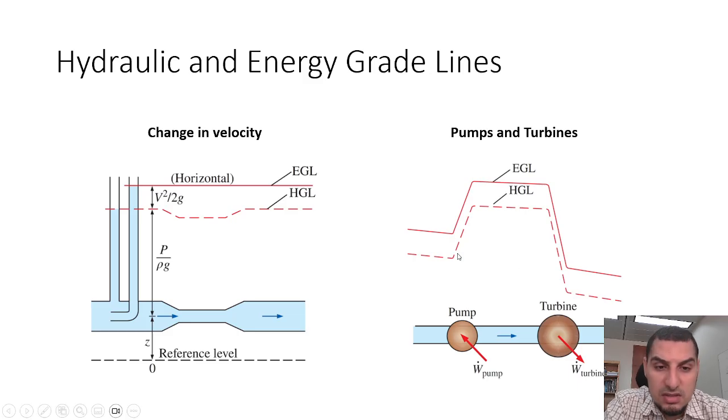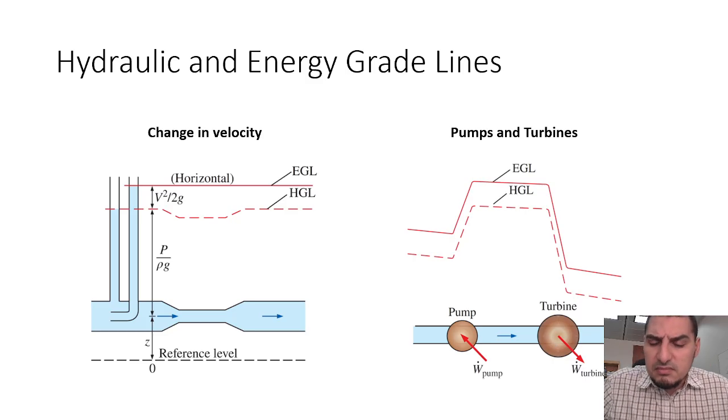So you see here that before the pump, the energy is a little low, and now it increases as the fluid flows through the pump. On the other hand, the turbine is the opposite. The turbine consumes the energy in the fluid to convert it into electricity. So now we can see both grade lines decreasing suddenly because of the effect of the turbine.